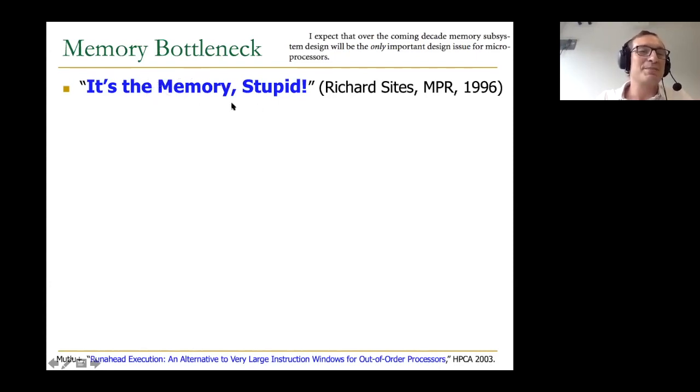So what does this mean? Basically, it's really all about the memory. And why is this interesting? There's a historical context to this particular saying. It's the memory, stupid, right? These were election times in the US at that time, and Bill Clinton was running on a platform saying it's the economy, stupid.